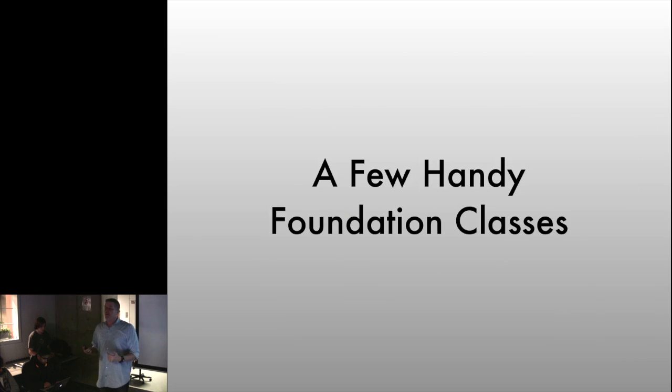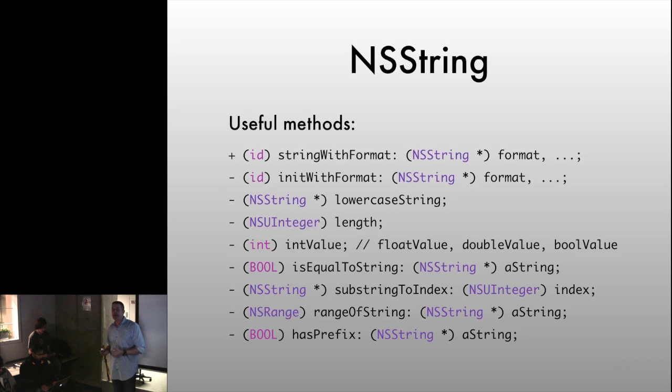So part of Cocoa are the foundation classes. Here are some really helpful foundation classes that are part of Cocoa. NSString you've used before. You've used some subsets of the functionality before. There is an enormous number of methods that NSString supports.